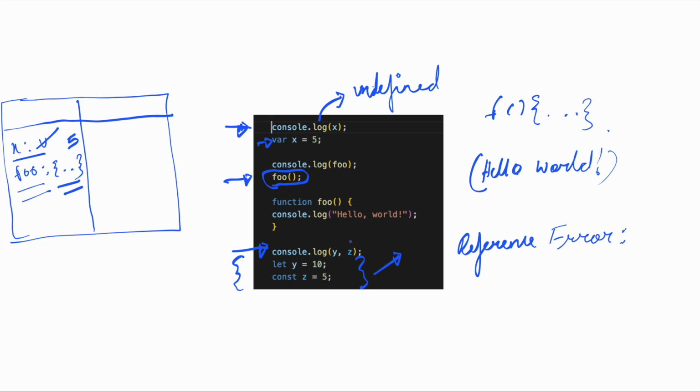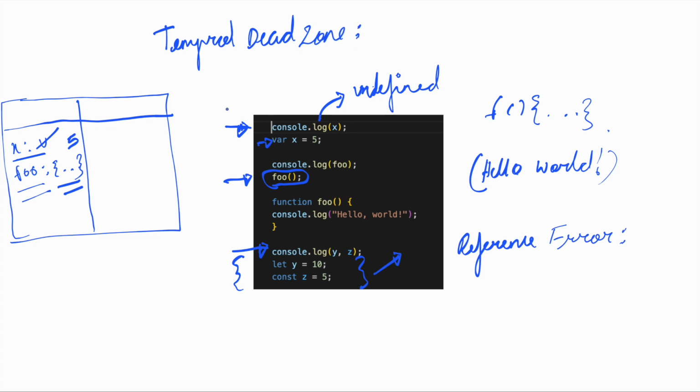Whenever we are trying to access y and z before their initialization, initially they will be in the temporal dead zone. Temporal dead zone. Remember this.